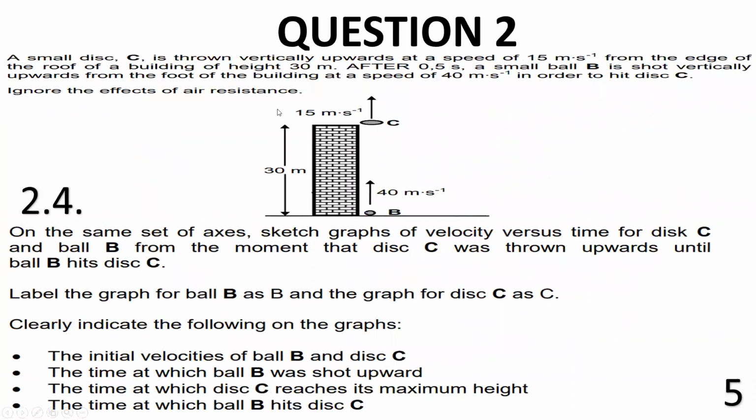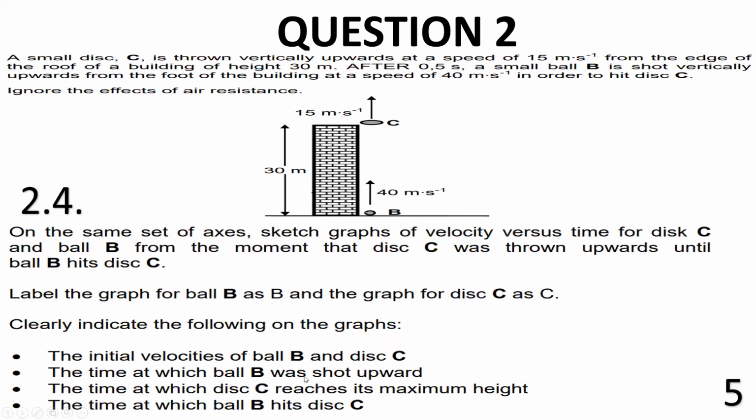Now they're asking you to draw a graph. Which graph are we going to draw on the same set? For B and C, we are going to draw a graph. So what we need: initial velocity for B and C, we know already, C 15 meters per second and B 40 meters per second.